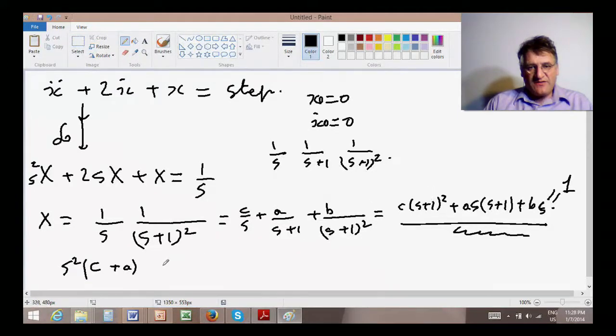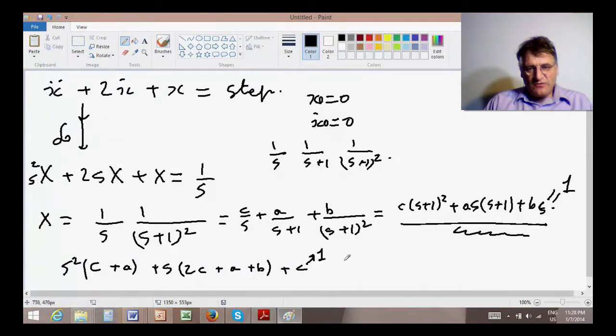Then we have the terms in s, which are 2c plus a plus b. And then the constant terms, which are c, and then nothing. So we know c must be equal to 1, because that's what we need.